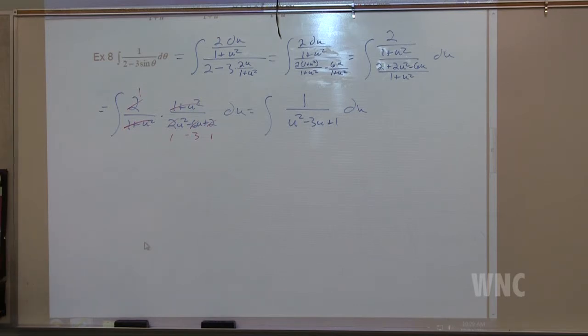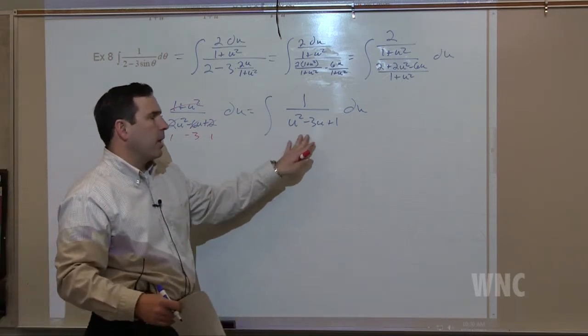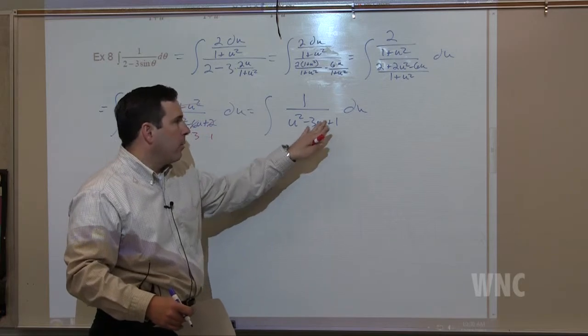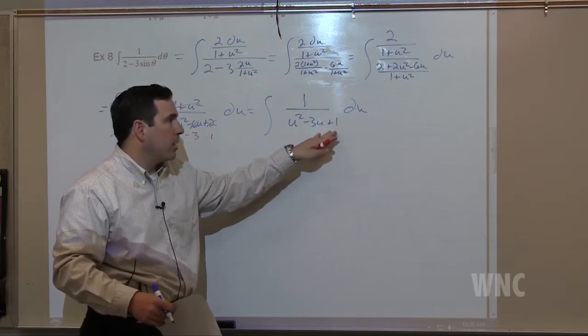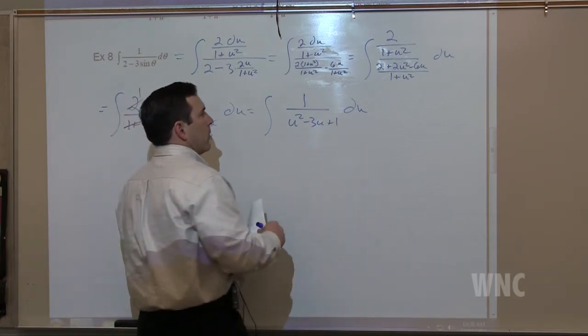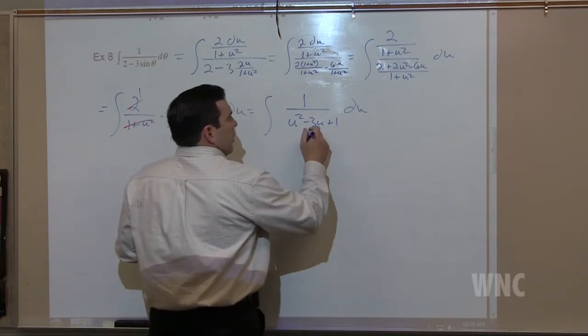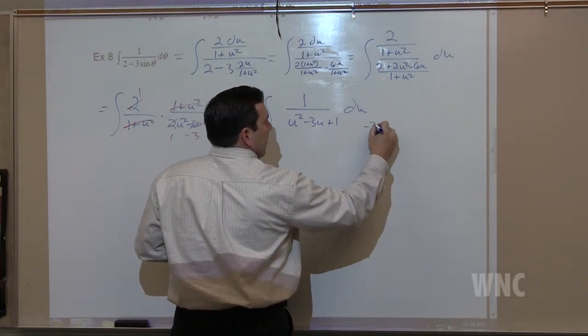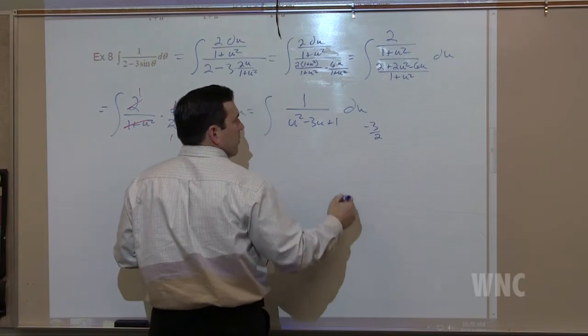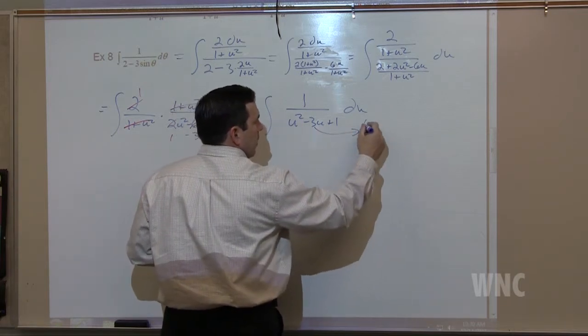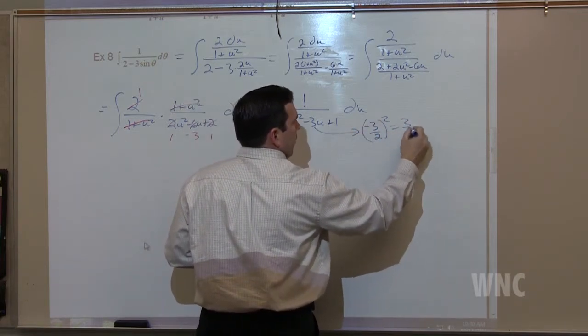So now let's try to complete the square, because there's nothing like this down there, but there would be something with a variable part squared minus a constant squared, or plus a constant squared. So the coefficient there is negative 3. Negative 3, we divide that by 2, and we square it, we get 9/4.